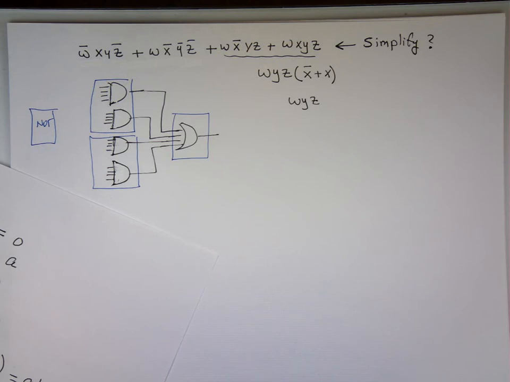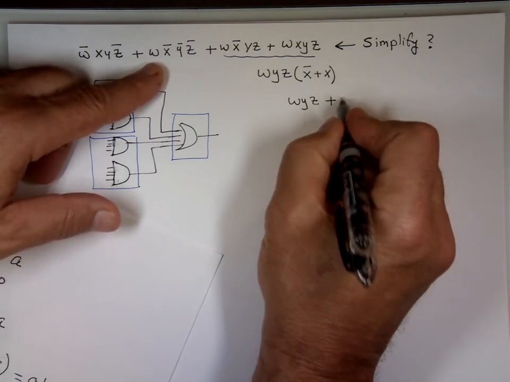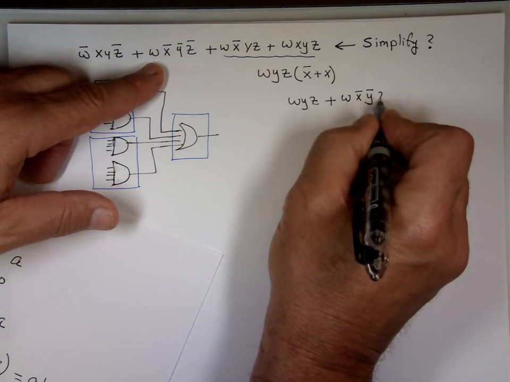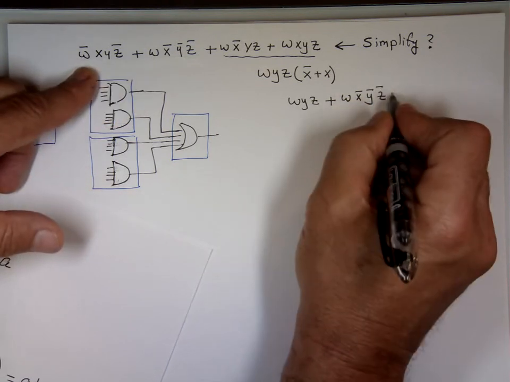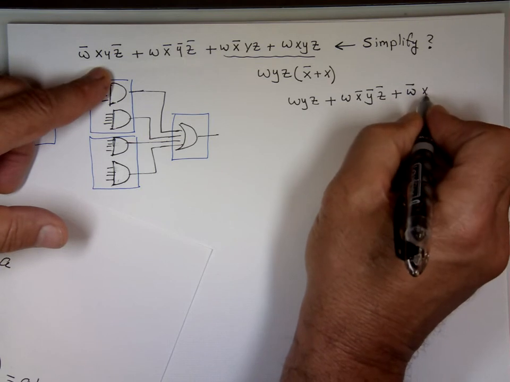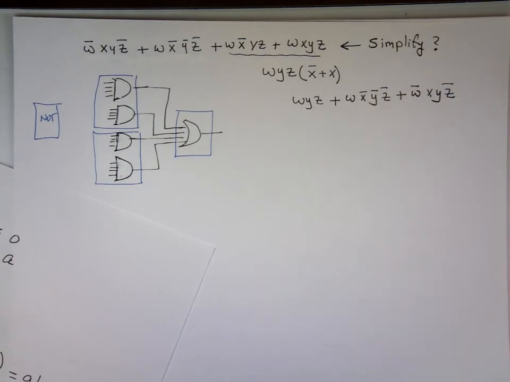Let me copy the rest of the problem. Doesn't really matter which one you write first. W, X bar, Y bar, Z bar. W bar, X, Y, Z bar. And I don't see anything else that simplifies here. I can combine.